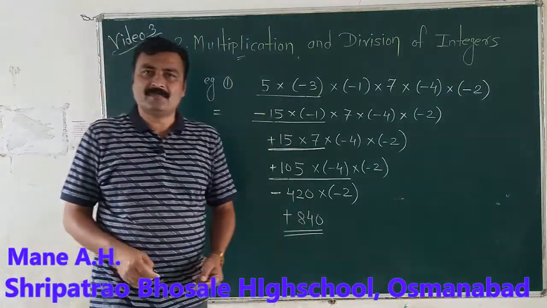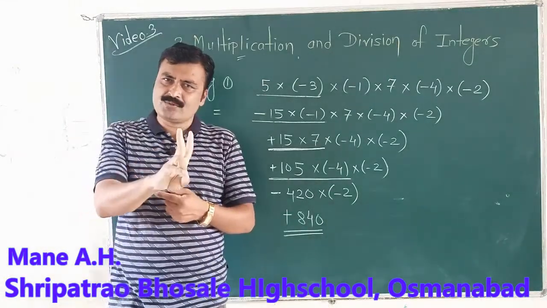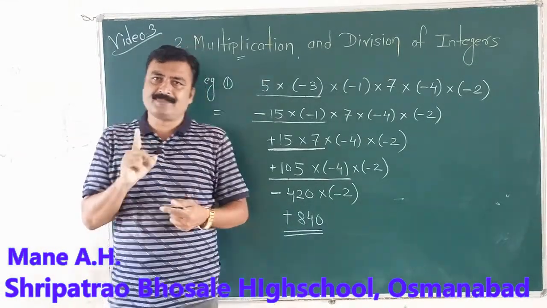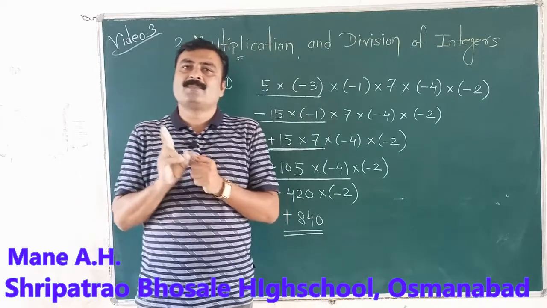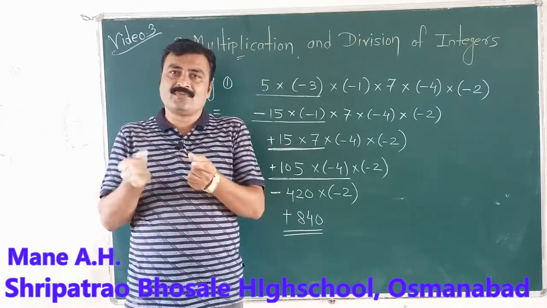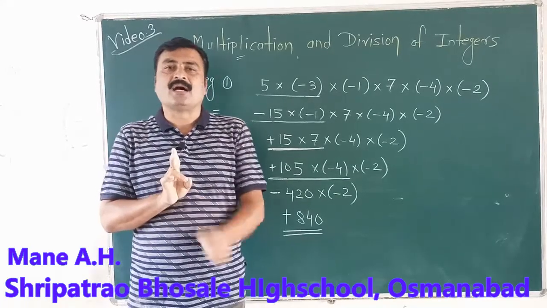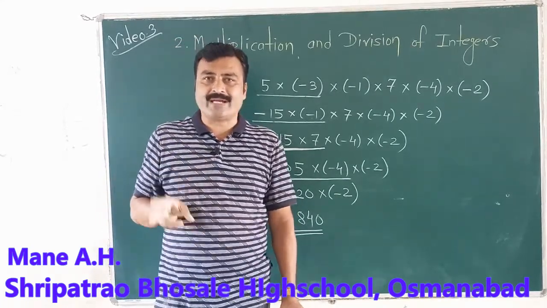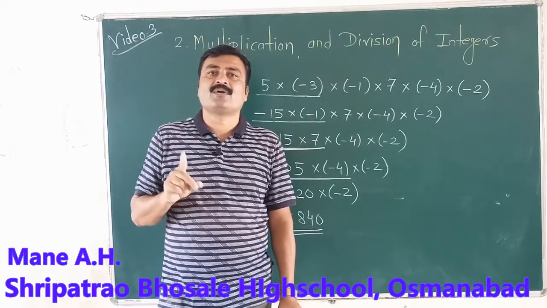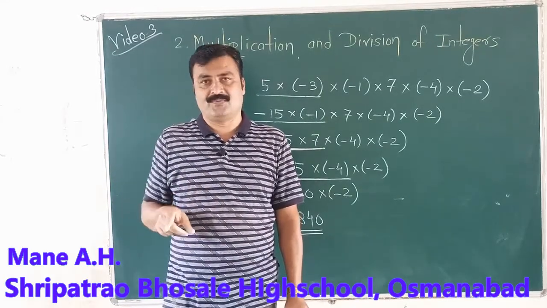In this process there are only two main steps. The first step is that we take the product of the magnitudes of the given integers, and the second step, that's important here, after taking the product of their magnitudes, we have to take the product of their signs also.